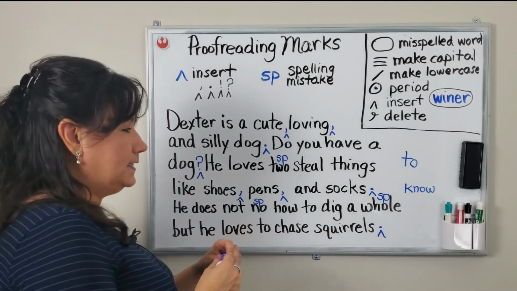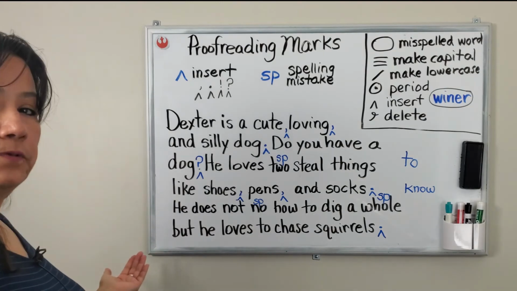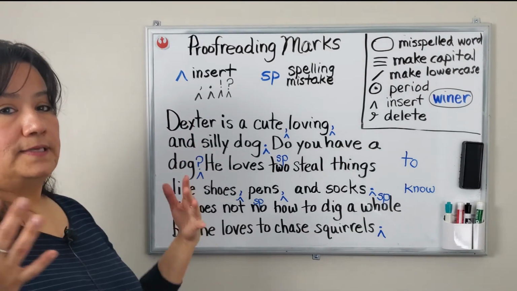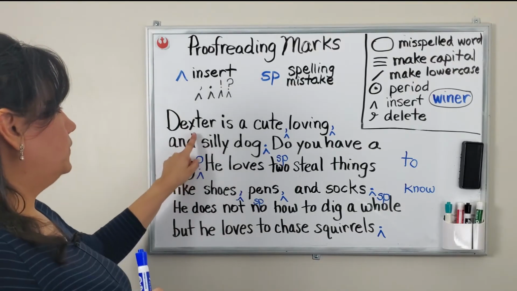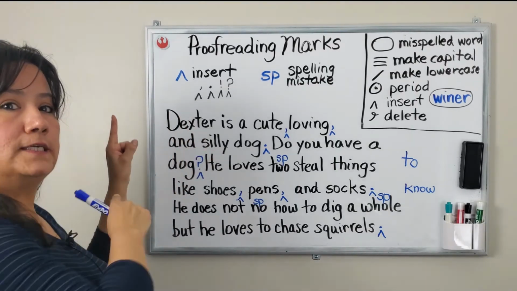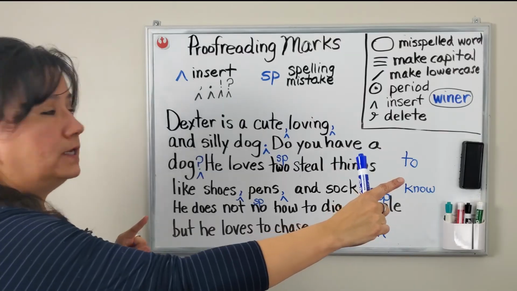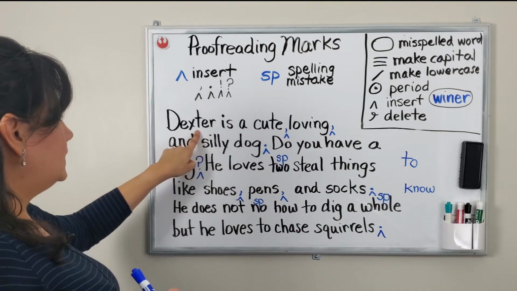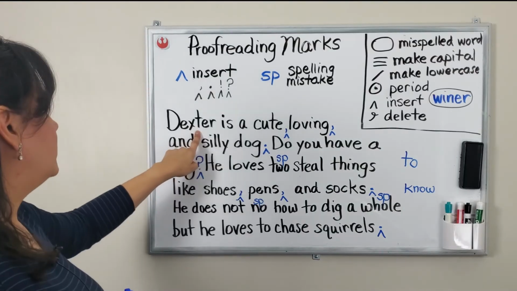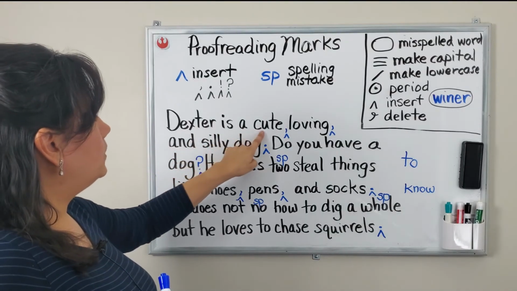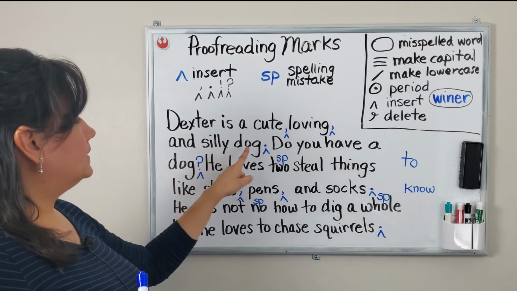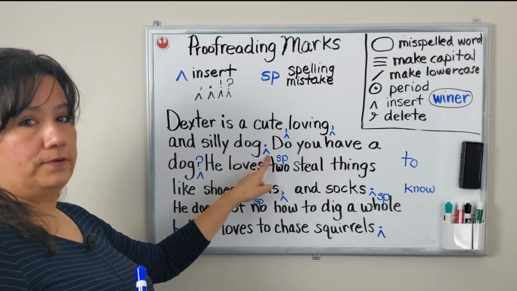So now let's see. Time to reread to see if we missed anything. And again, sometimes you want to slow down. Use your finger because your brain wants to continue going without you. So we want to take some time to point to each word to make sure we have everything. Dexter is a cute, loving, and silly dog, period.